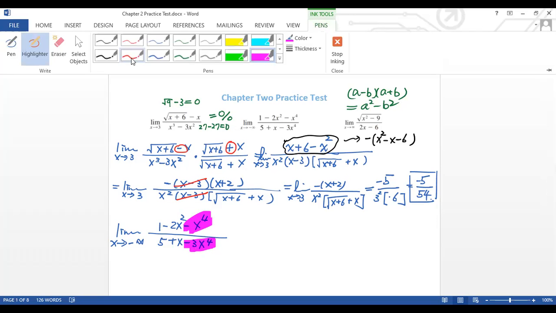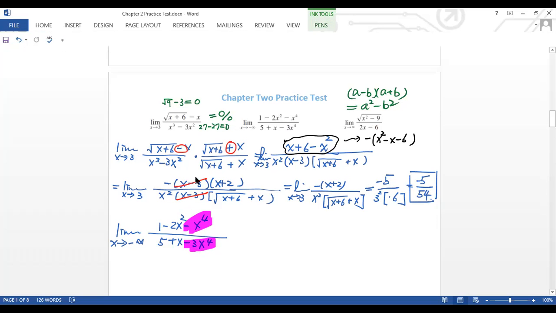Because the highest term dominates. So now this is x to the fourth and this is x to the fourth. So I know they are at the same power, same degrees. And also, we said it's just the constants in front of them. So it's negative 1 over negative 3.